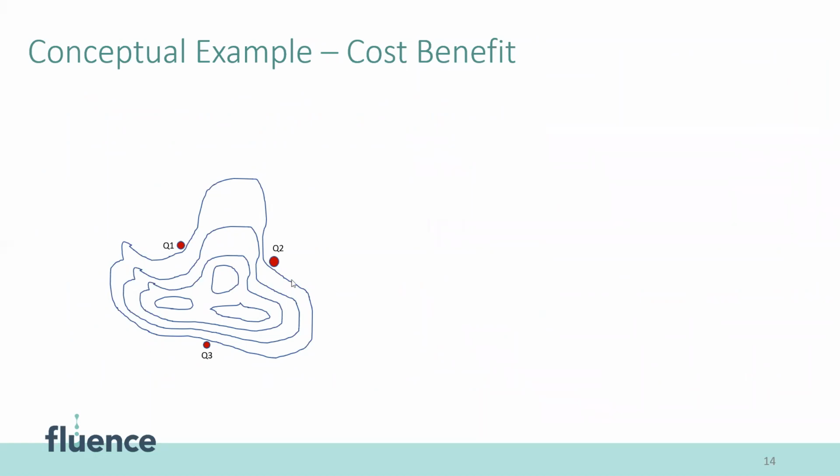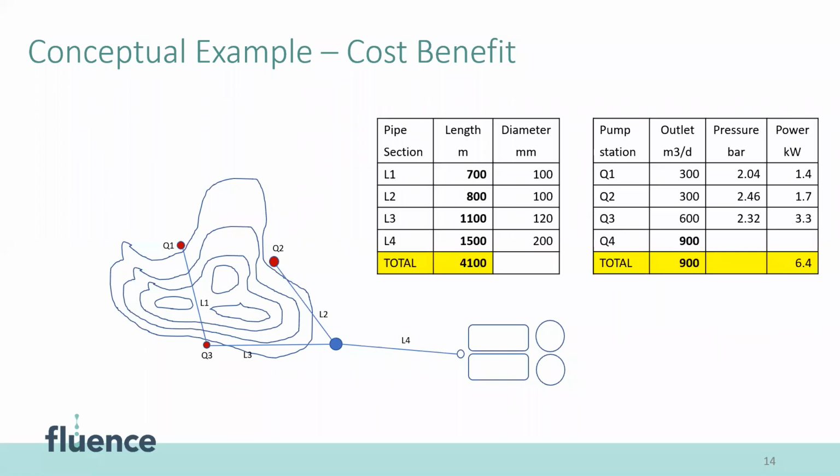They have 3 pumping stations, pumping into a centralized plant located at a safe distance, like anyone would do if you read the literature from the last 100 years or so. And these are the numbers.